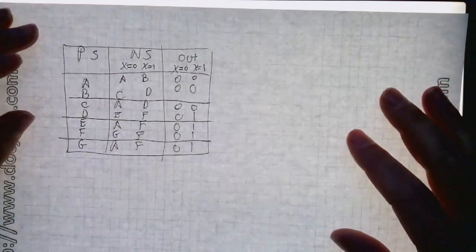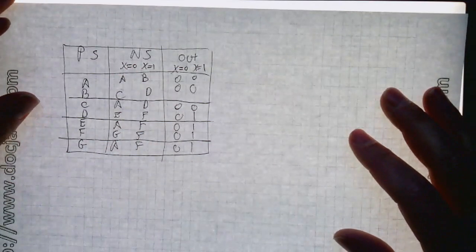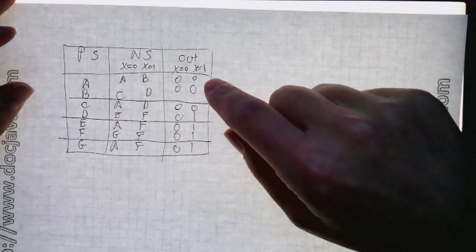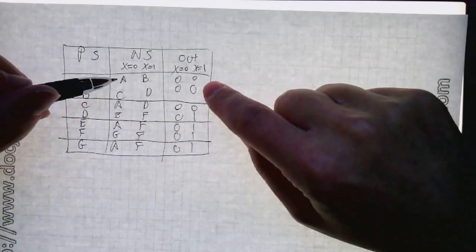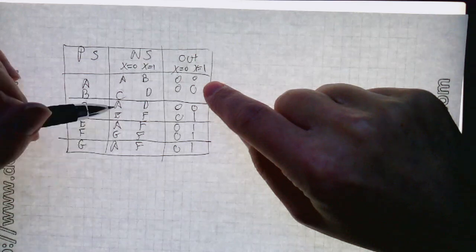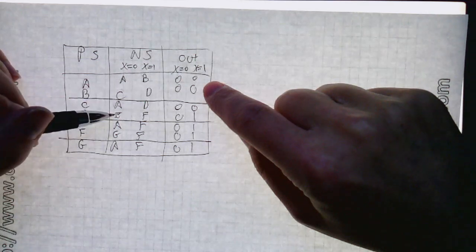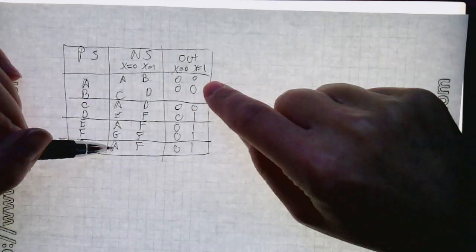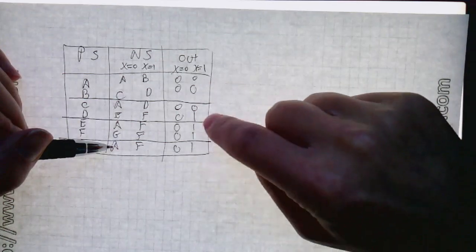Okay, so now we've got two opportunities here to do our minimization. First might be something like the row reduction technique. We can compare the next state AB against anything else, CD against anything else, AD against anything else, EF against anything else, AF. This AF looks like that AF. The next states are the same.